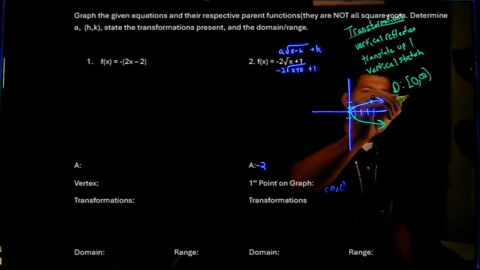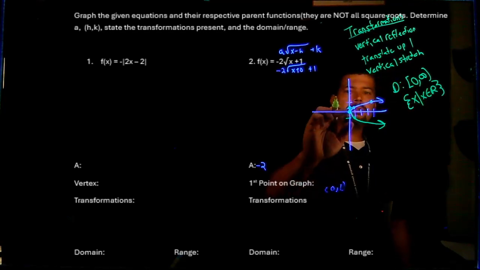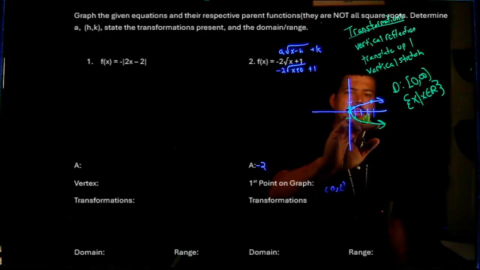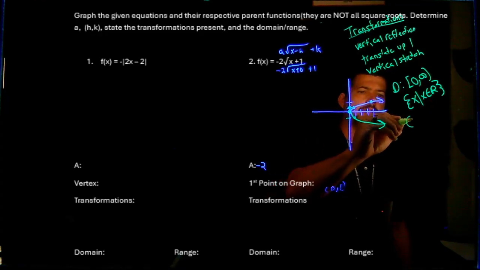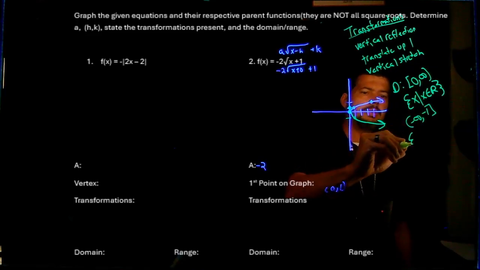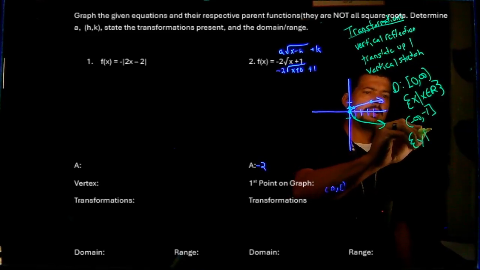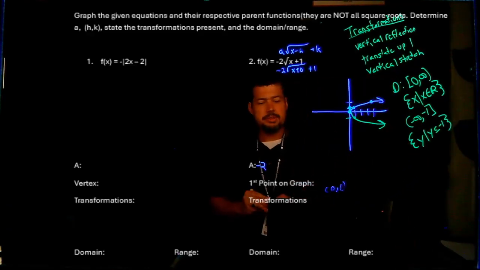Or if you're a set builder kid, all values of x such that x is an element of the real. Its range is low y value of negative infinity, high y value of 1. So negative infinity to -1, bracket on -1. Or if you're a set builder kid, all values of y such that y is less than or equal to -1. Pick your poison on that one.